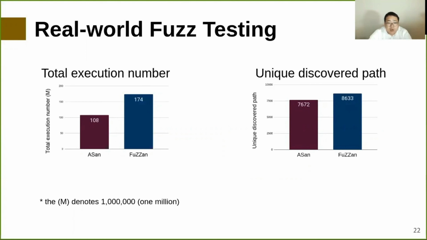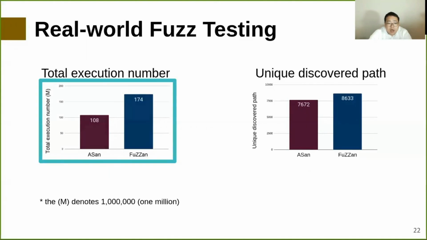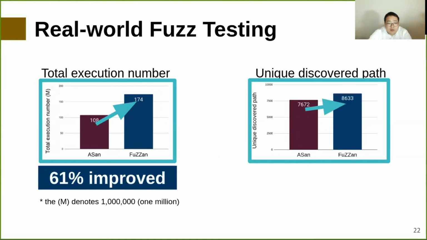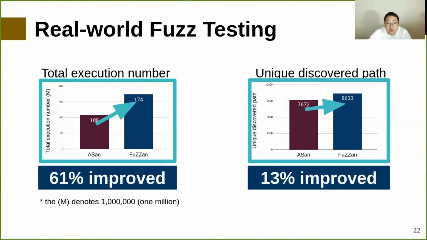We measured the number of total executions and discovered unique paths and report the mean over the 5 campaigns. As a result, Fuzzan had a better throughput over Address Sanitizer by 61%. Fuzzan discovered 30% more unique paths within the same 24 hours because of improved throughput.